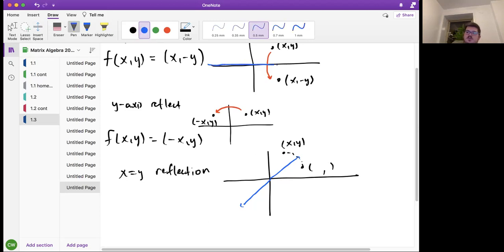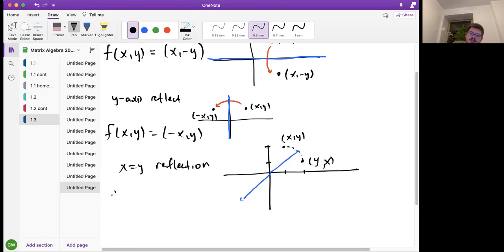So yeah, it's y, x. So if you remember, when you calculate the inverse of a function, you flip the x and y. It's akin to if you reflect a function over the y equals x axis, you actually flip the variables x and y. So this x coordinate becomes the y coordinate, and this y coordinate becomes the x coordinate. Yeah, so that is f of x, y is y, x.